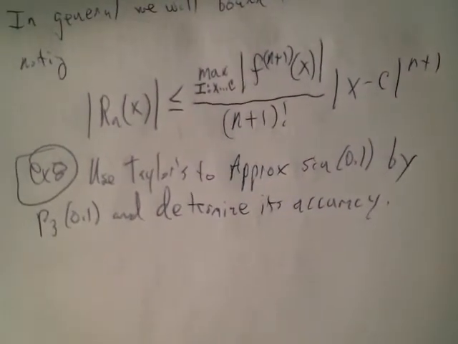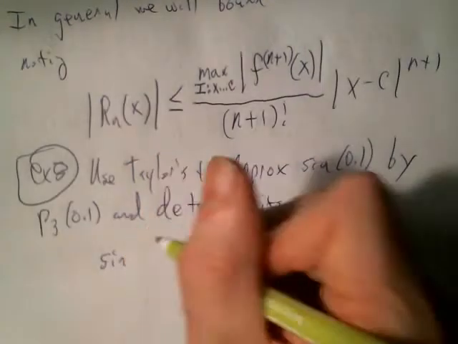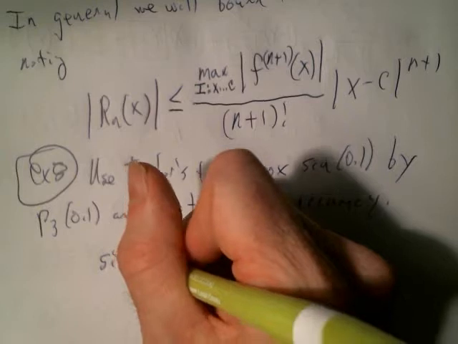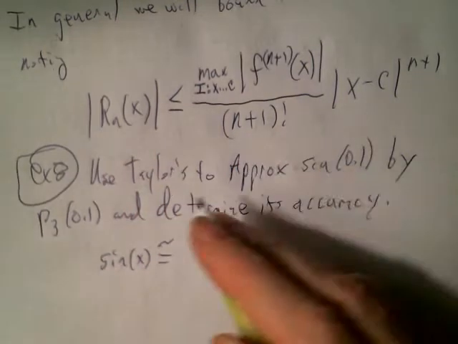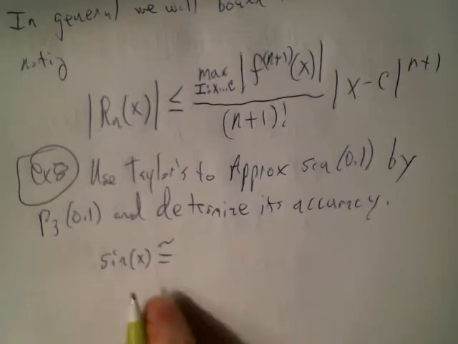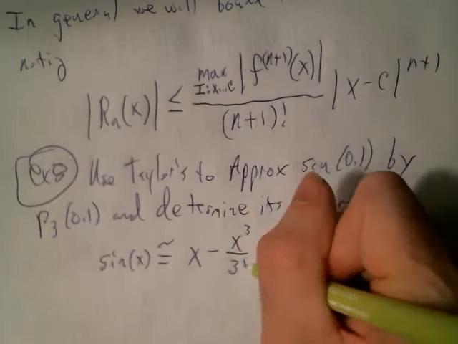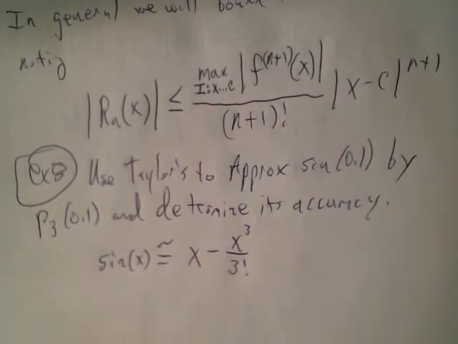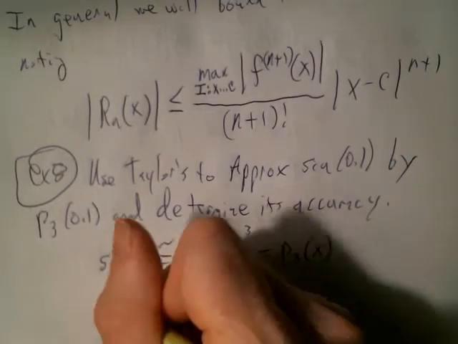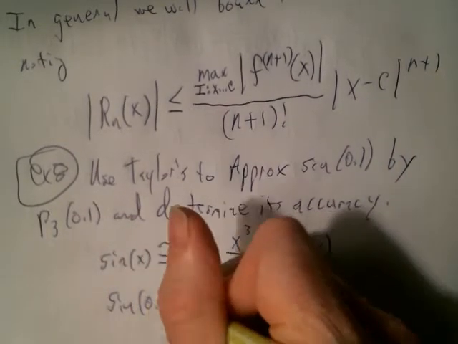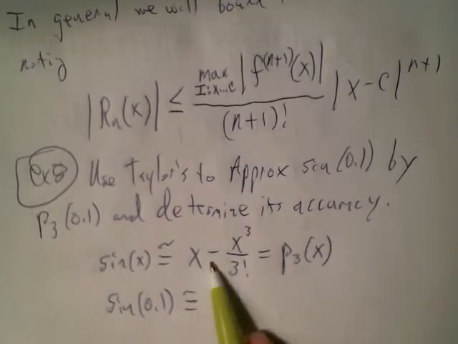First off, what is this polynomial approximation p sub 3? Did we do sine x already? It's x minus x cubed over 3 factorial that will be p sub 3 of x. Then we want to approximate sine of 0.1 with this, so we're plugging 0.1 into this.